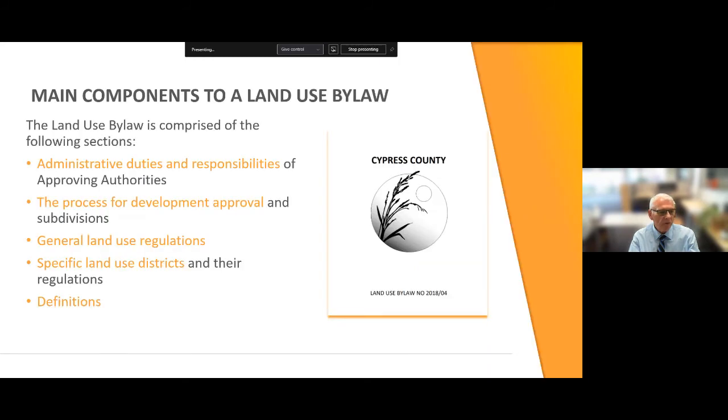So some of the main components that you'll find in a land use bylaw, there's really 5 main pieces. There's the duties and responsibilities of those that administer the land use bylaw. So that might be your development officer, your development authority, your municipal planning commission, your subdivision and development appeal board. So what are their roles?